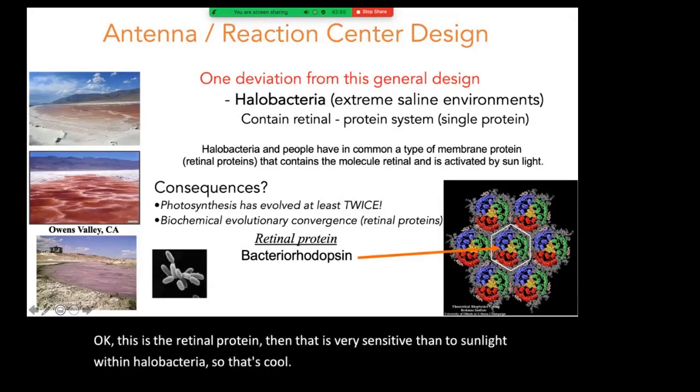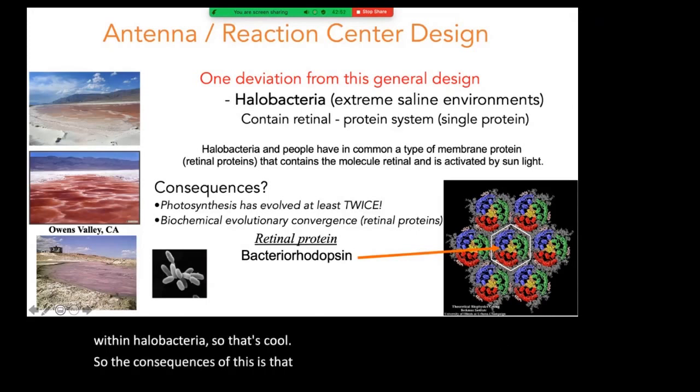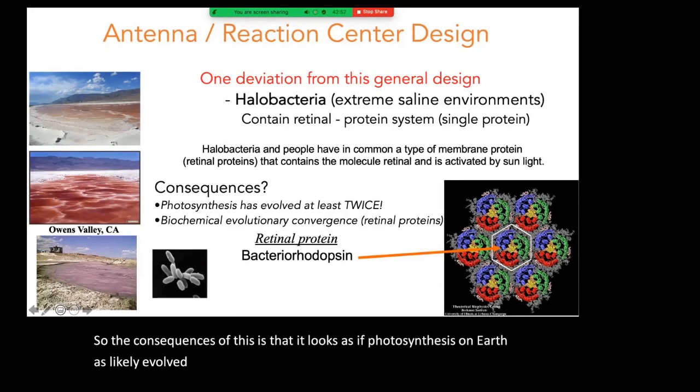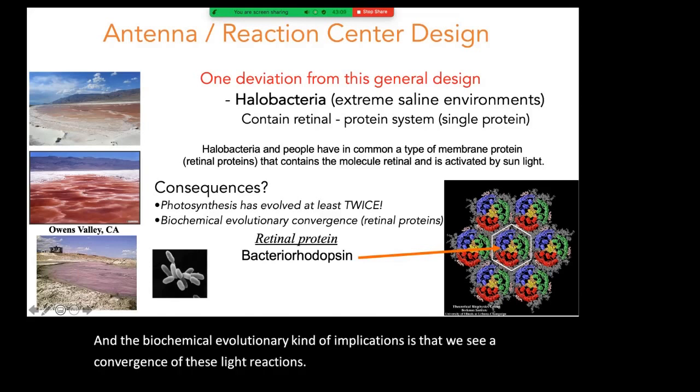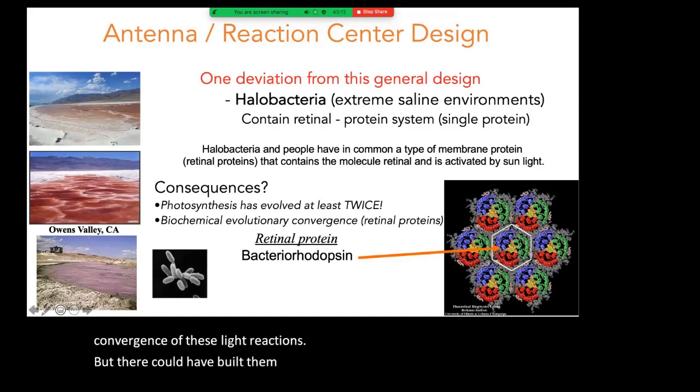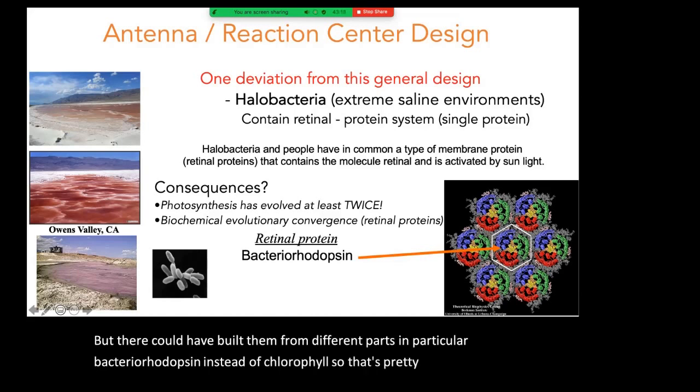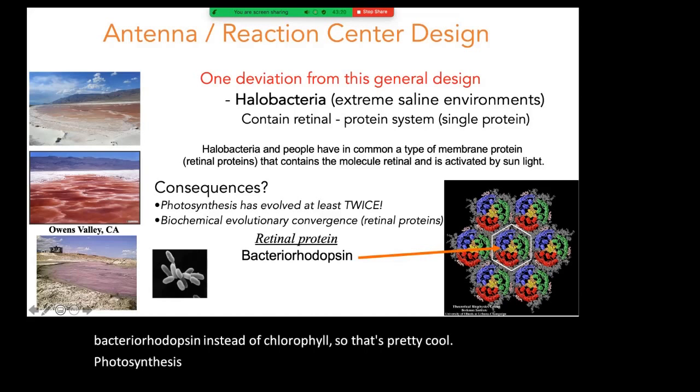The consequence is that it looks as if photosynthesis on Earth has likely evolved at least twice, independently. The biochemical evolutionary implication is that we see a convergence of these light reactions, but they're built from different parts, in particular bacteriorhodopsin instead of chlorophyll. Okay, so that's pretty cool. Photosynthesis has likely evolved at least twice.